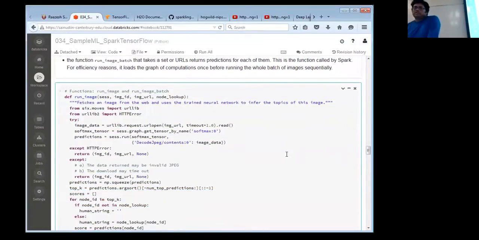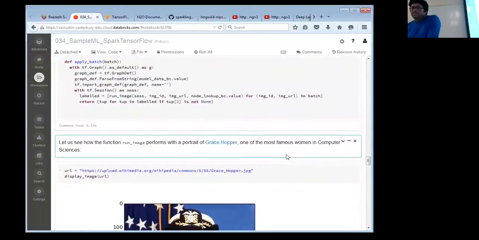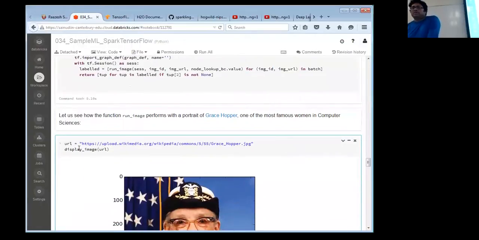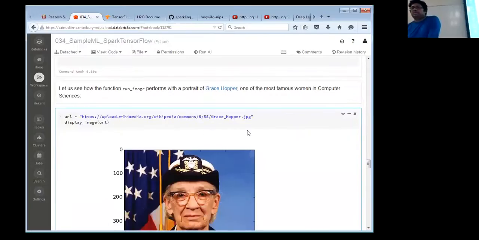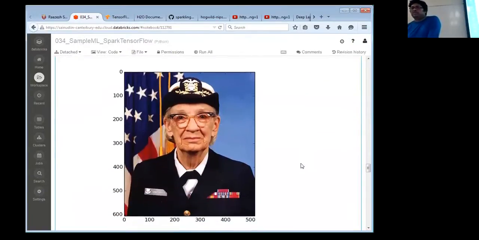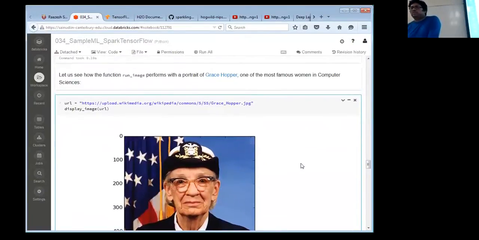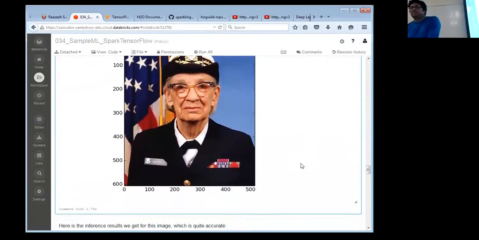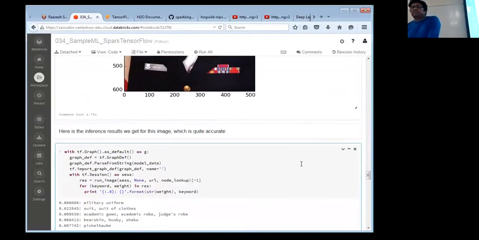So here what we've done is basically have about 100 and some images that we've picked up from the web. And then we're pointing to the URL for this image, and just showing this image, right? So this is Grace Hopper, one of the famous women in computer science, behind high-level languages.